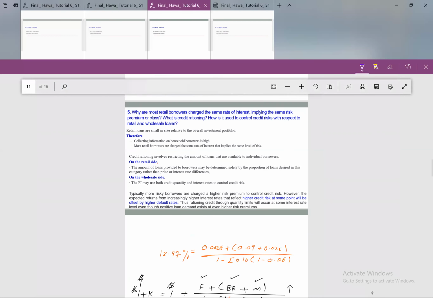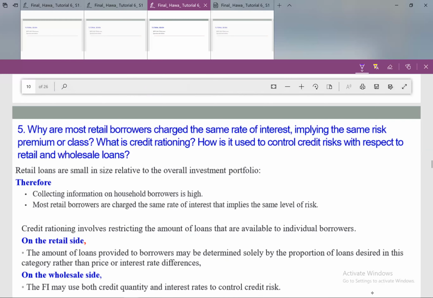So when we want to control lending to the wholesale sector, we can talk to them about the quantity of loans or the price. We decrease the quantity of loans if we want to decrease the risk of more applications, and we can increase the price.